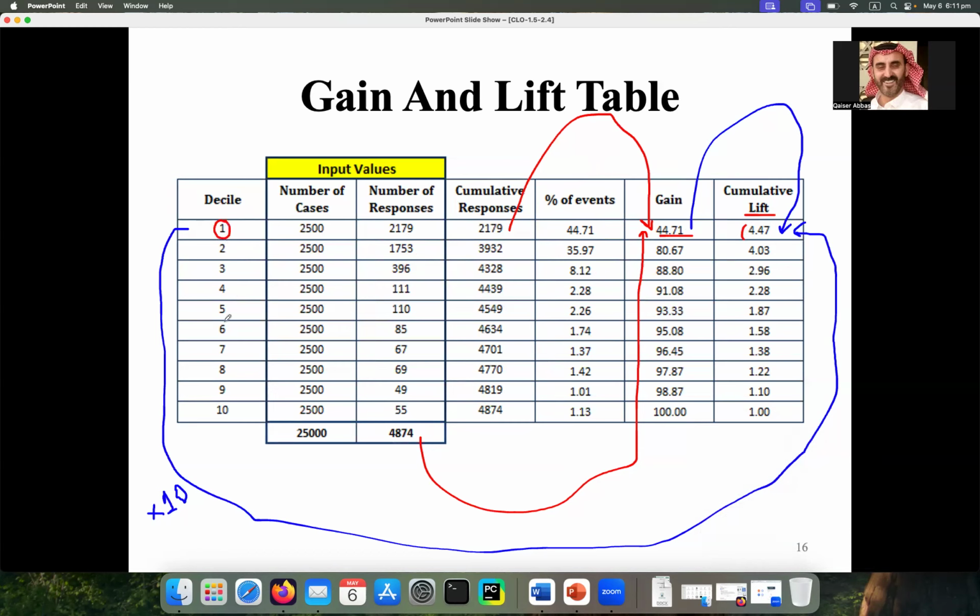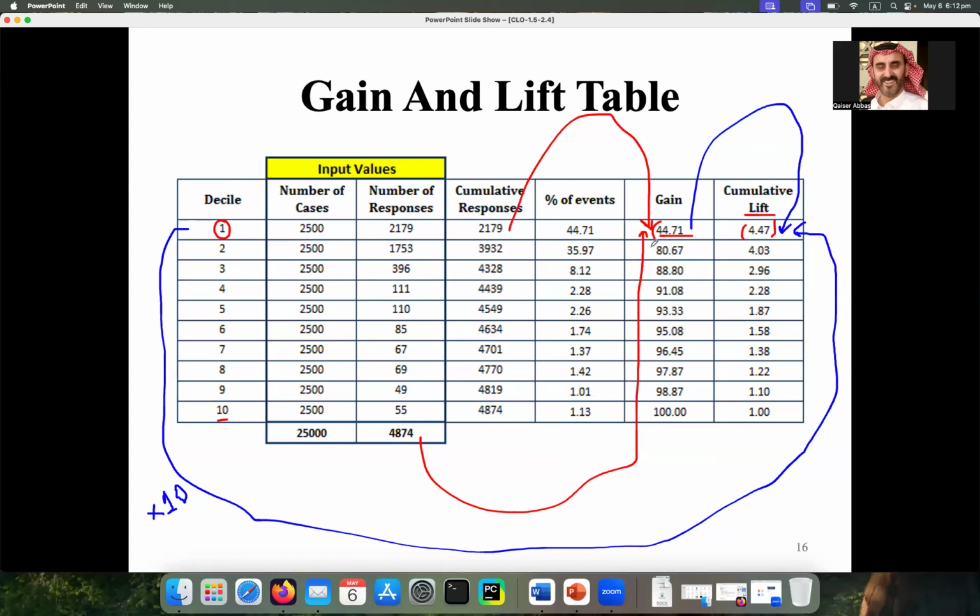Each decile here represents 10% of the total 100%, because 10 multiplied by 10 is 100. So you can multiply this value by 10 or divide it by 10, and then you will have this answer.